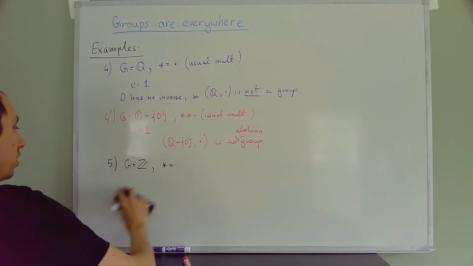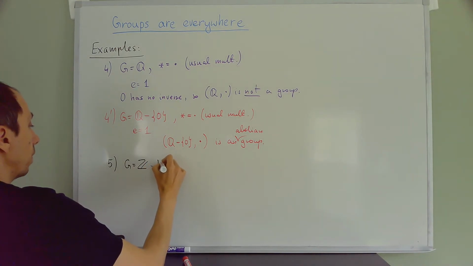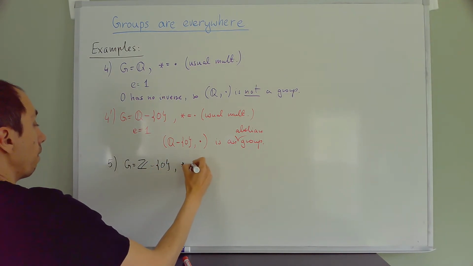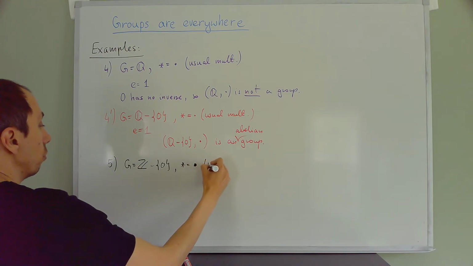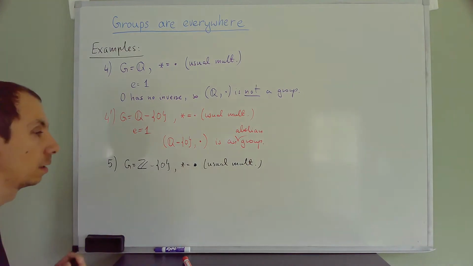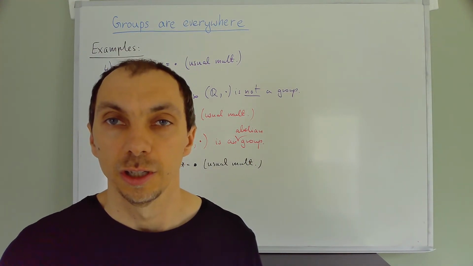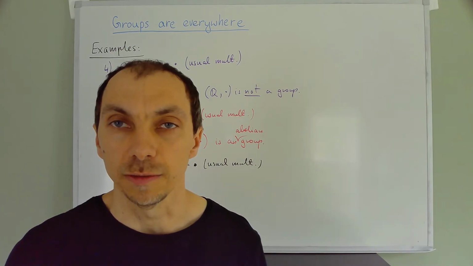All right, let's try the same thing with the integers. I already know that 0 couldn't possibly work. So I take integers but without 0, usual multiplication. Associative? Yeah, integers are a ring, so multiplication is associative.